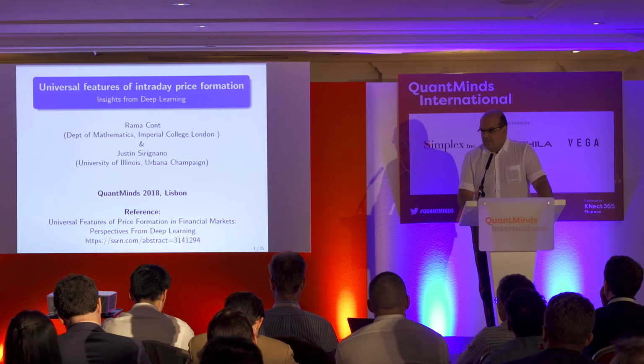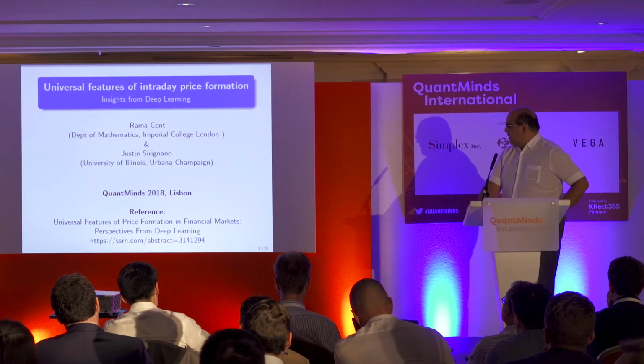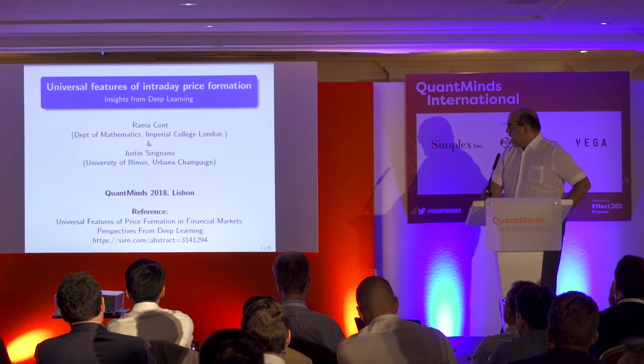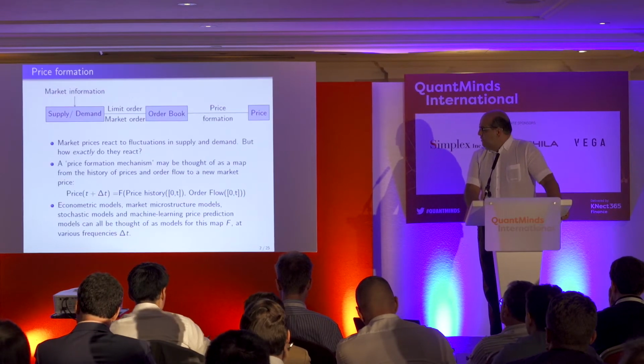It's not a talk about new innovations in deep learning architectures. We're going to use well-known things, but we're going to show that they're very efficient in uncovering information from this data. That's what I will focus on. It's a paper which you can find online on SSRN with the same title. If you're interested in more details, I refer you to the paper.